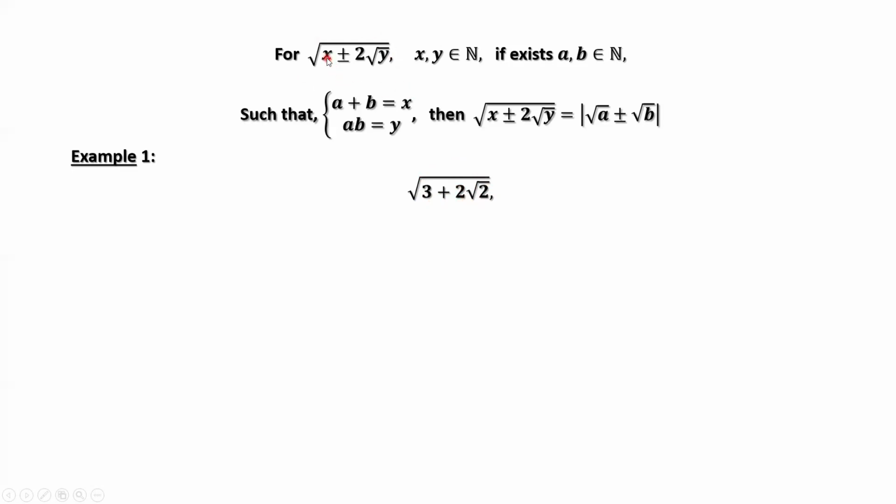Yes. X equals 3, y equals 2. So we have 2 here. Here we use plus. When you solve this system to find the positive integer solution, A and B.